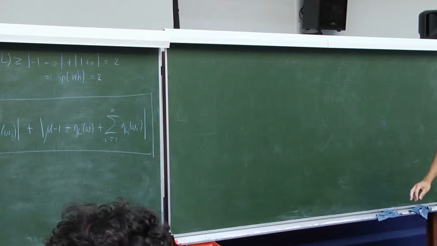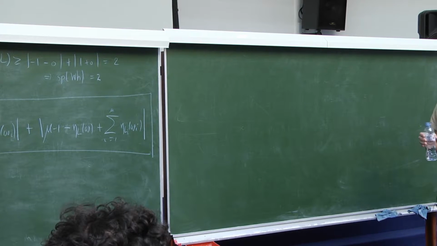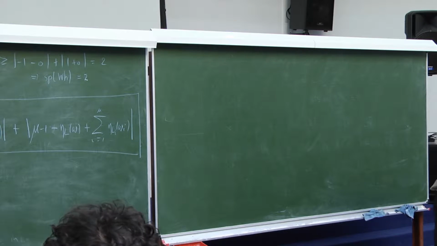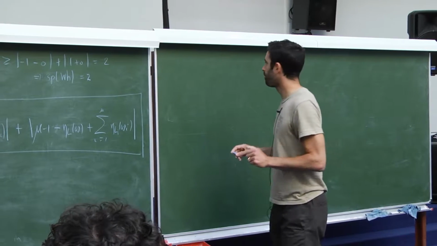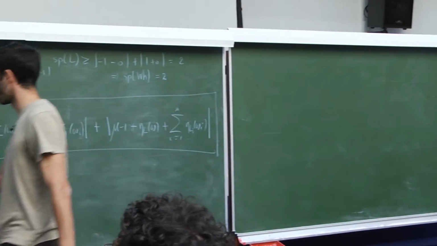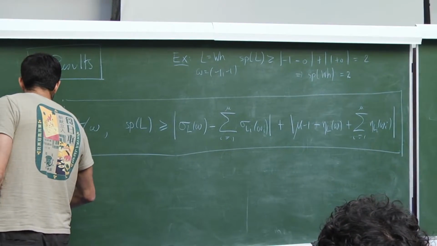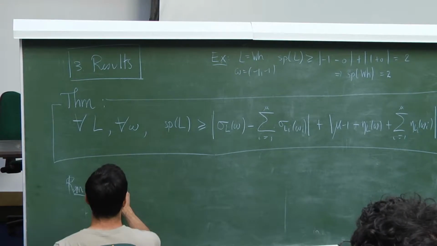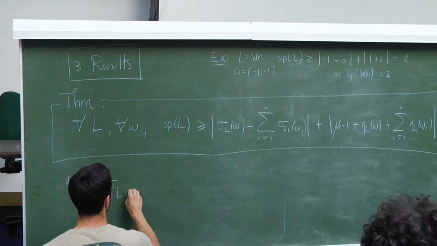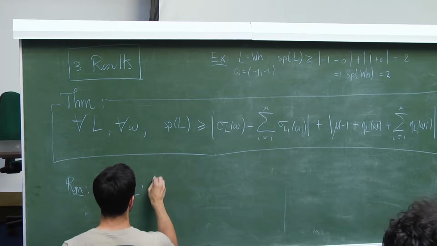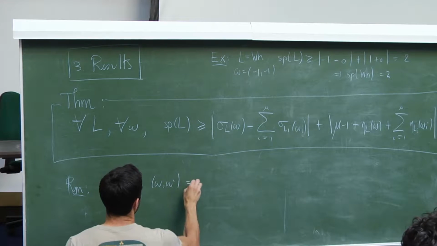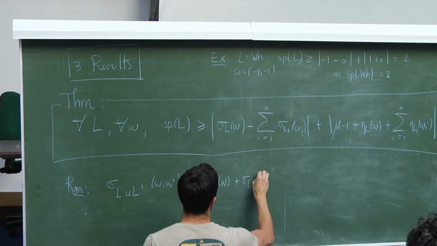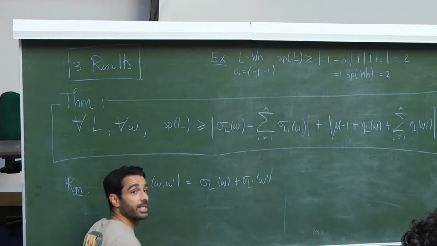So what I will do, I will try to give you the proof, but kind of hand waving, and hopefully it's going to work. Maybe the first remark that I should have made earlier when I was talking about signatures is that if you look at the signature of the disjoint union of two links, this is equal to the sum of the signatures.